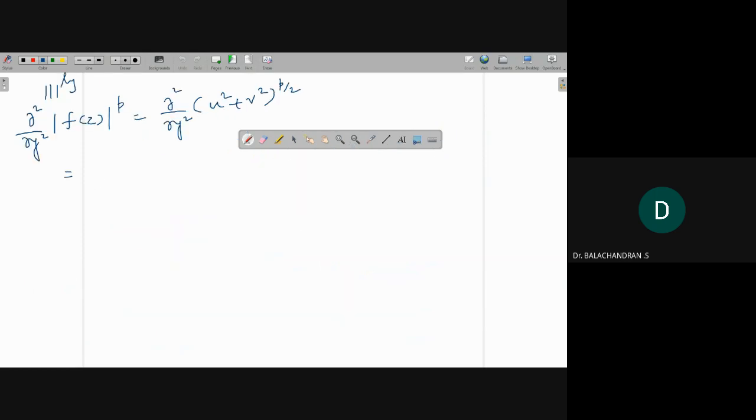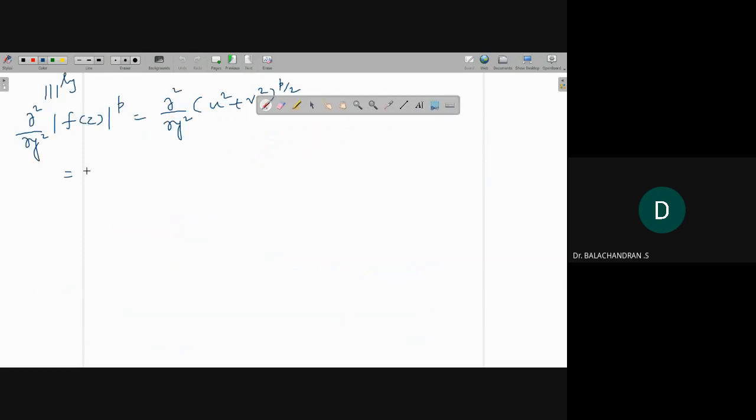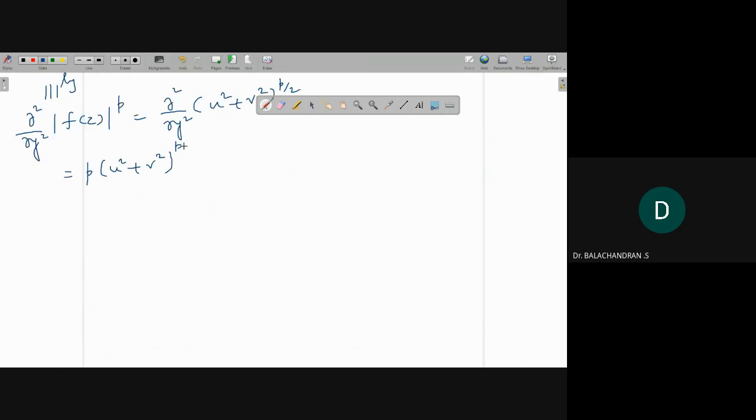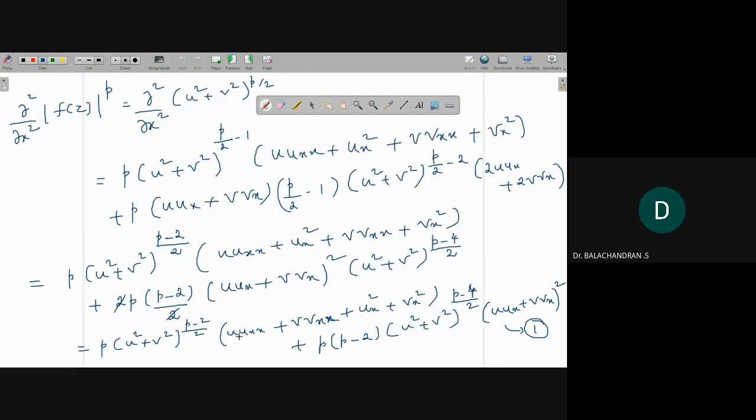p into u square plus v square whole power p minus 2 divided by 2 into uyy plus vvyy.